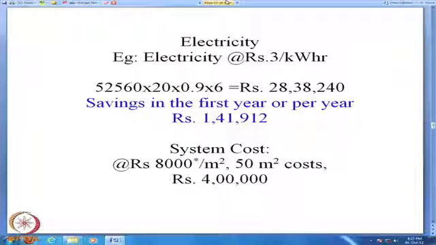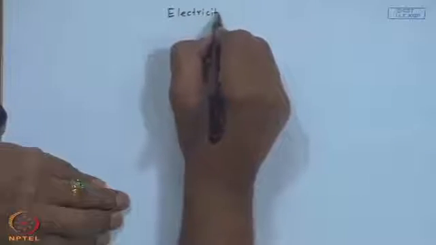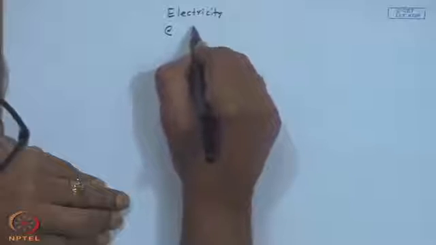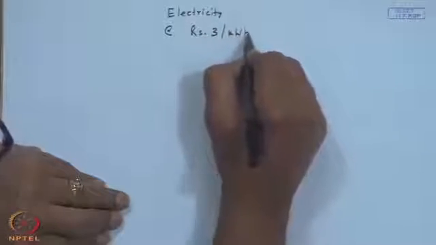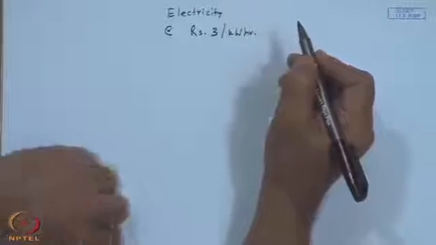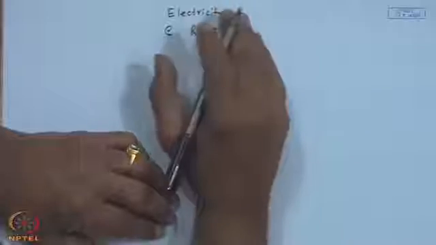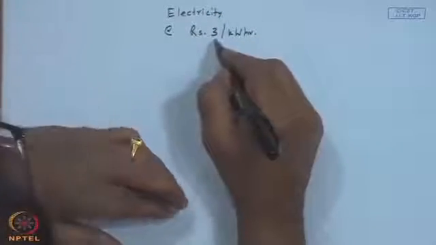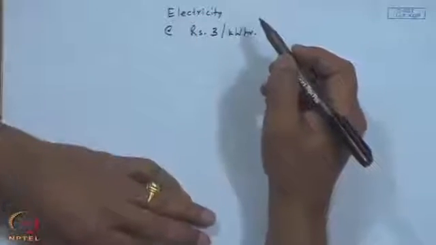Now, electricity at Rs 3 per kilowatt hour. So, this may be lower, but then there are various slabs. I really do not know how to take care of it, but if somebody wants to change the number, he can make it 6 and make it more attractive or less attractive, whatever.